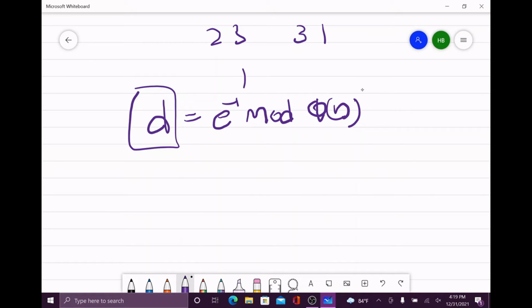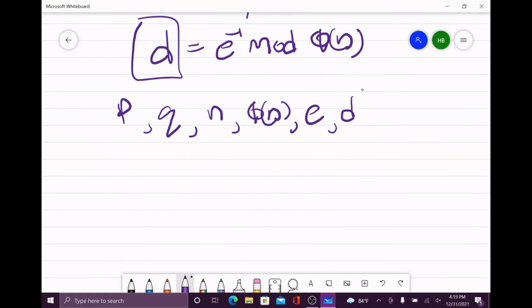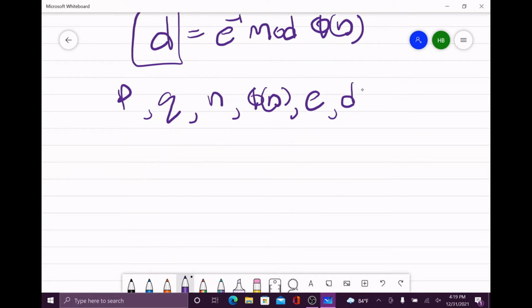And after that, we have these values P, Q, N, phi(n), E and D, and all of these were calculated to get two things. The first one is the public key and the second one is the private key.